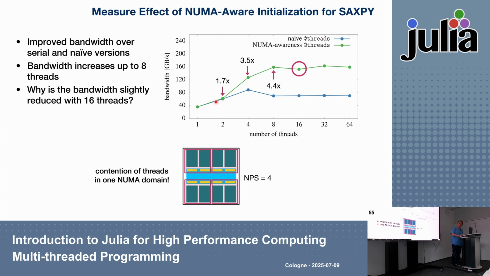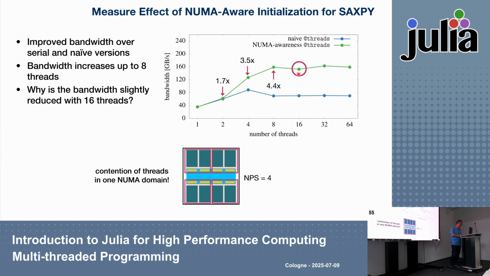As you can see, after those improvements, with 4 threads the improved bandwidth is 3.5, and with 8 threads the improved bandwidth is 4.4. It's a big improvement over the previous one.